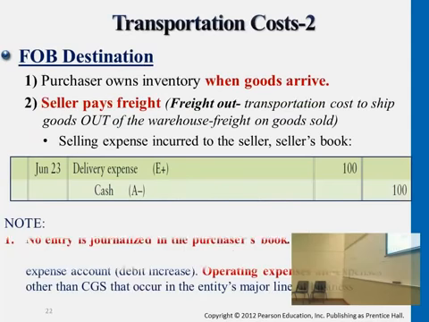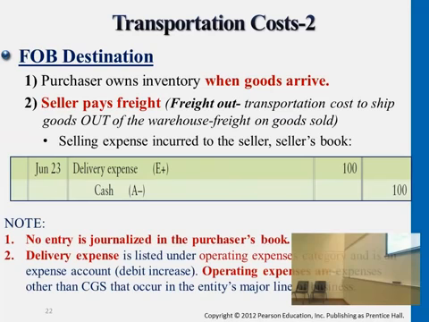Okay, just to summarize it all, I forgot there's FOB destination. There's another shipping point, one that is less used, where the seller is the party in charge of the freight charge. In this case, the purchaser does not record anything.